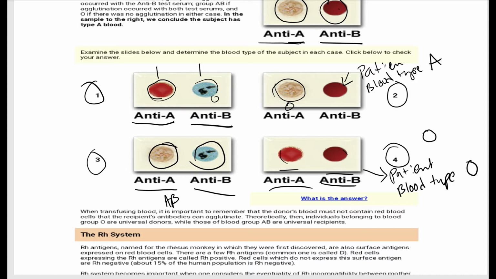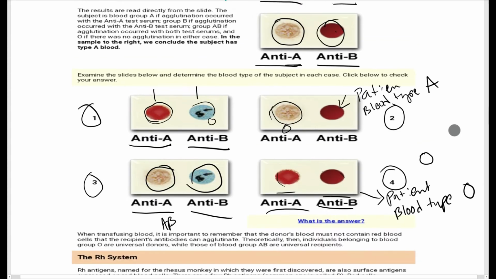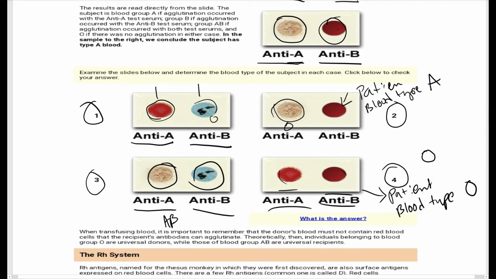So now we've learned that if there is agglutination in antigen A, it means the patient has blood group A. If there is agglutination expressed in antigen B, it's B. If there is agglutination in both, it's AB.